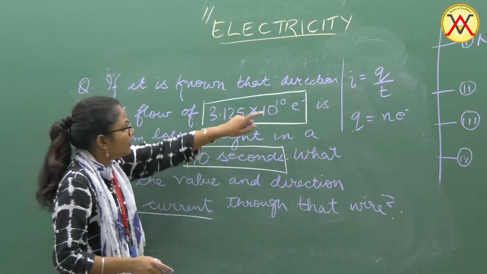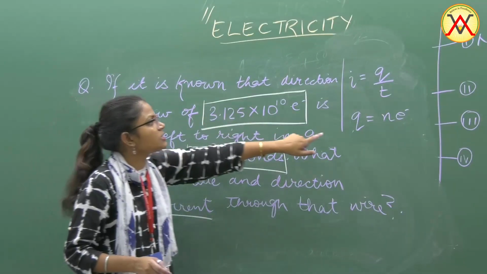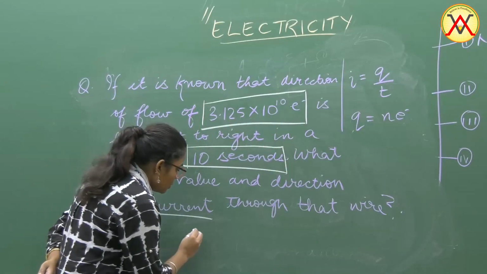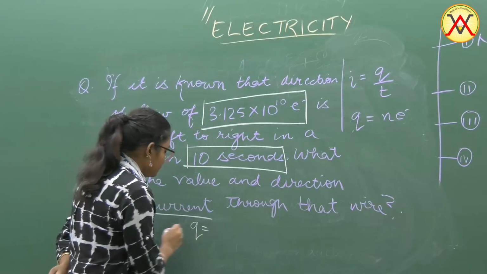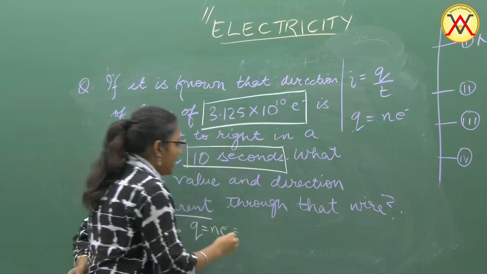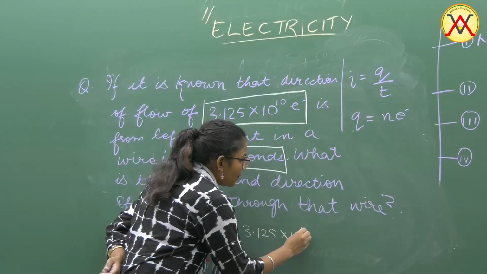Okay. First, from the number of electrons, let us see how much amount of charge do we have. So, Q equals to Ne. N is what? 3.125 into 10 raised to power 10.